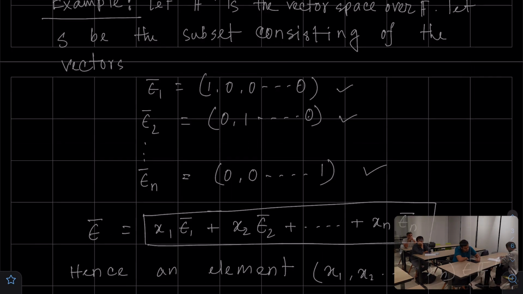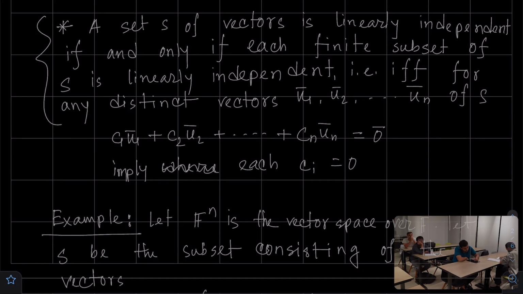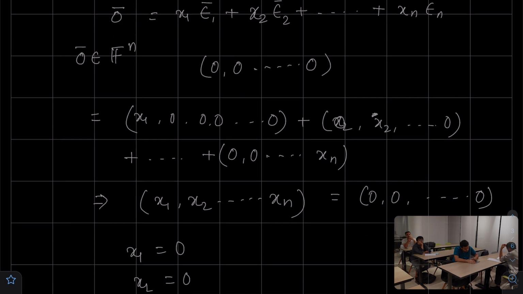Okay, so for this theorem: a set S of vectors is linearly independent if and only if each finite subset of S is linearly independent.